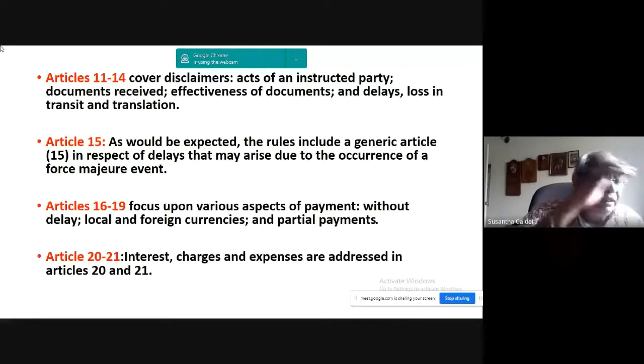Now, these days, maybe due to COVID or some insurrection, we may have to close down certain branches, even the head office, the trade finance department. Then you can't function. You want to do the payment, but that is beyond our control, acts of God, right?